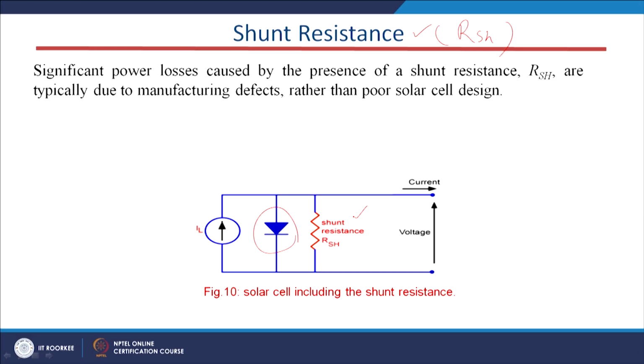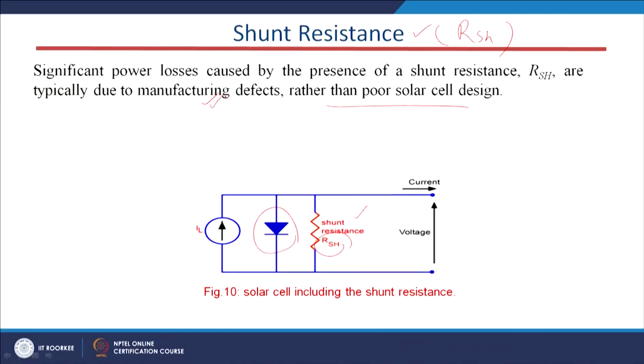In many literatures, it is written that the shunt resistance RSH comes due to the manufacturing defects, rather than poor solar cell design. This is very important. Sometimes we think it is due to poor solar cell design. No, it is due to the manufacturing defects.